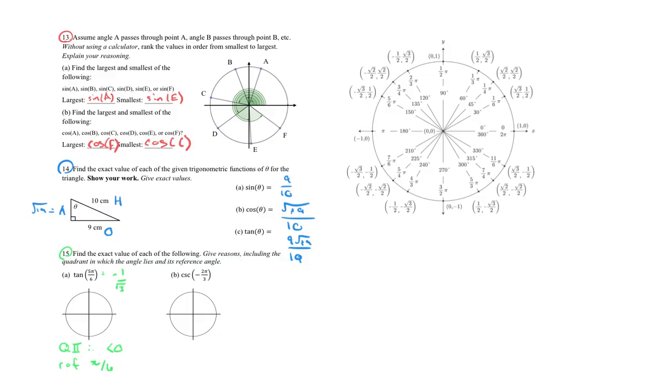So next one, we're going to do a similar process. We're going to do cosecant of negative 2 pi over 3. This time, we'll have this unit circle here just in case we need it. Let's try and reason through this one without the unit circle. So firstly, let's try and figure out what quadrant we're looking at.